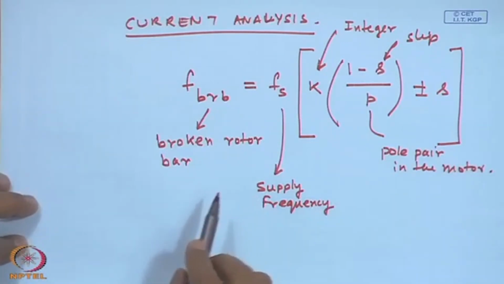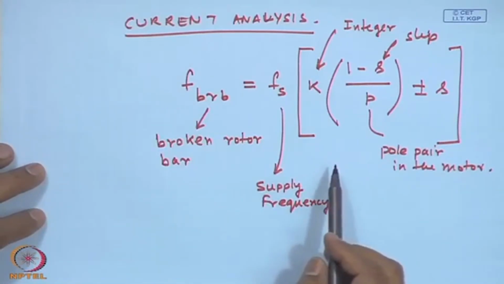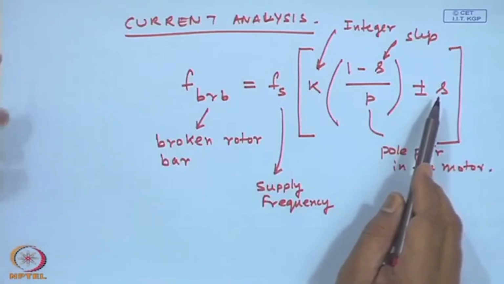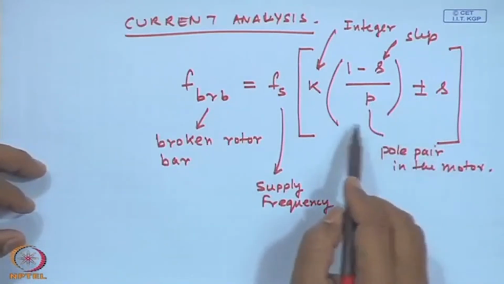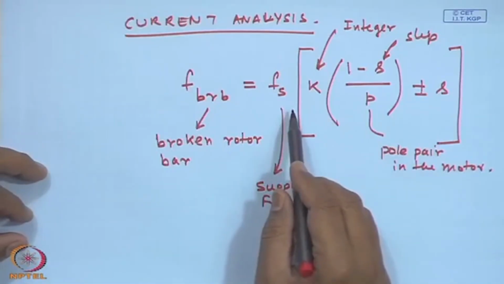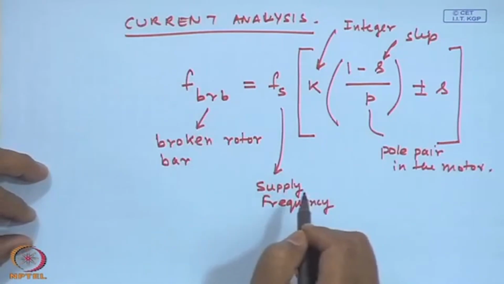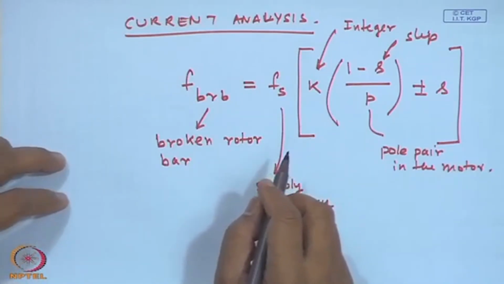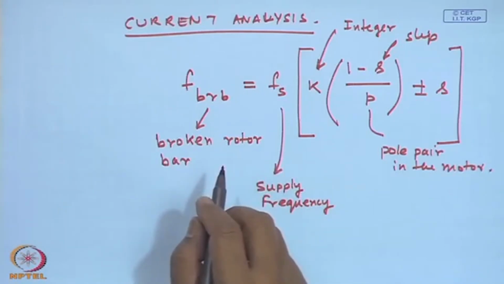Okay. So, in any AC motor, because the slip will occur because there is this difference between the synchronous speed and the rotor speed, pole pairs are there, and this is all a function of the supply frequency. I will get the frequency of the rotor bar given by this expression, and they will actually come up as sidebands in the current spectrum, and this can be calculated.